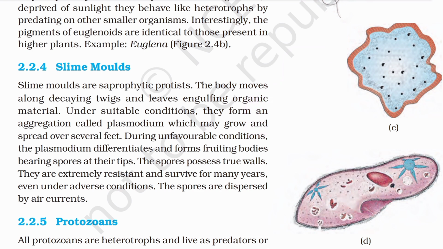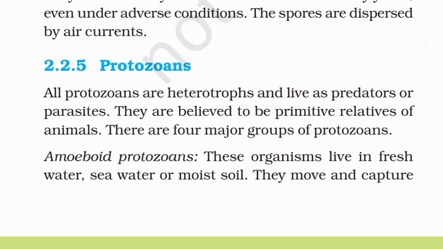During unfavorable conditions, the plasmodium differentiates and forms fruiting bodies, bearing spores at their tips. The spores possess true walls. They are extremely resistant and survive for many years even under adverse conditions. The spores are dispersed by air currents.